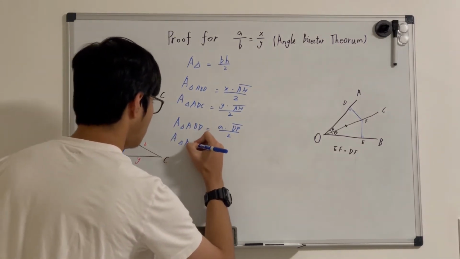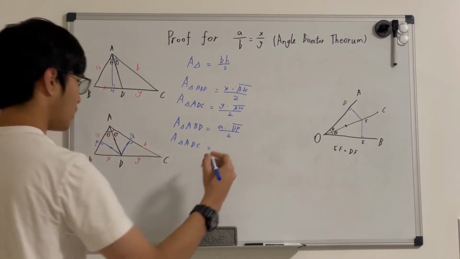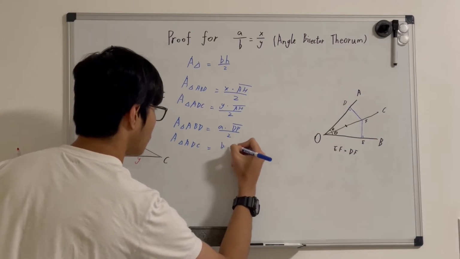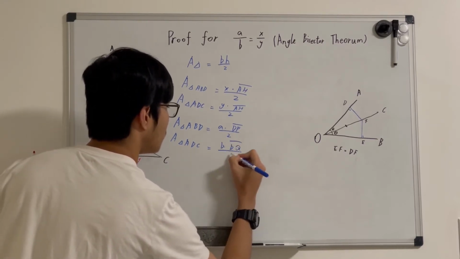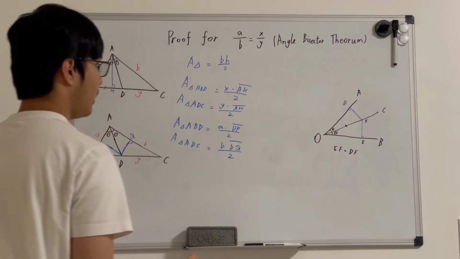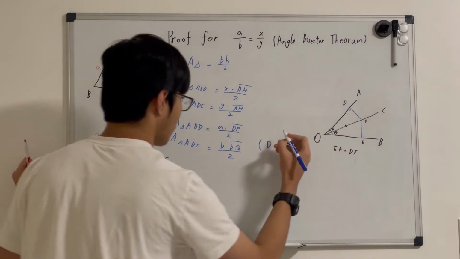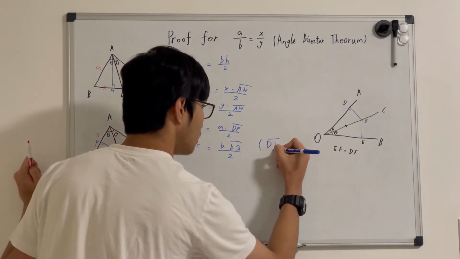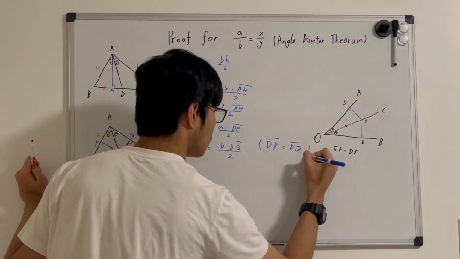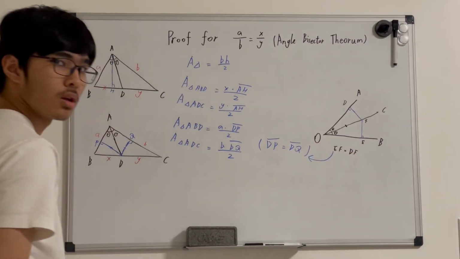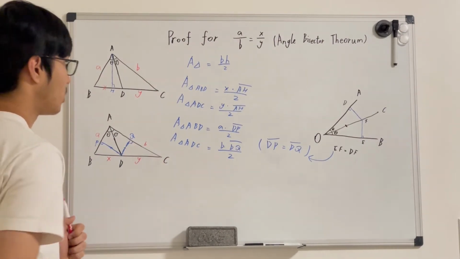Okay, now we will try to calculate the area of ADC. Triangle ADC will equal b times dQ over 2. And we can mention beside it, using a bracket to make us remember, that dP equals dQ according to this theorem. Okay, good. So now it comes to the last point.